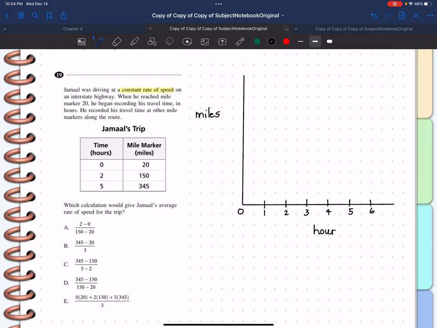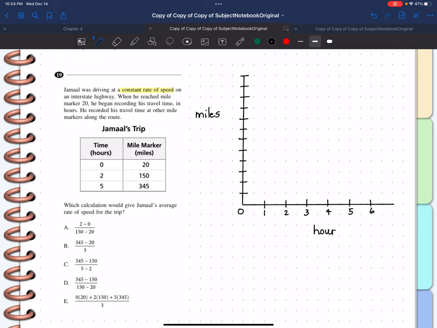We don't need it, but we can make it look nice. And then we're plotting the miles. Okay, so I'm going to go ahead and mark these off every line because we have quite a substantial amount of miles to cover.